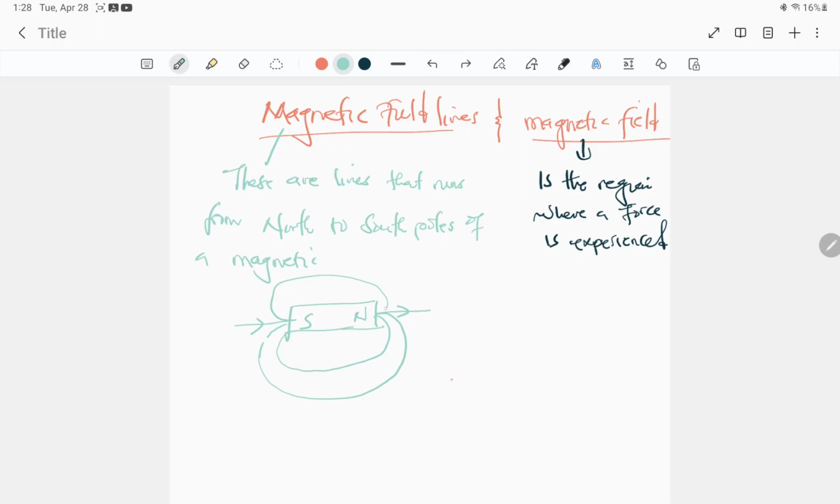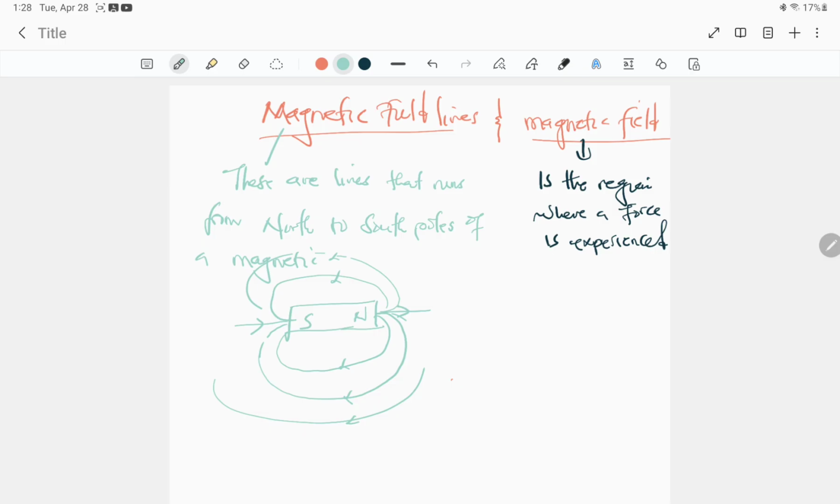Then if you draw the diagram like this, it is incomplete because it has no arrows. So we put the arrows to indicate that they are moving from north going to south. So those are magnetic field lines.